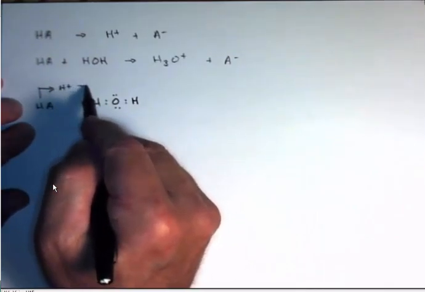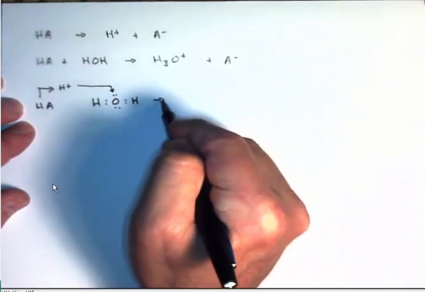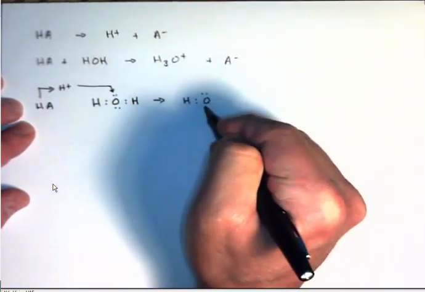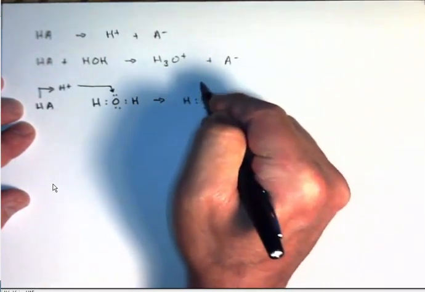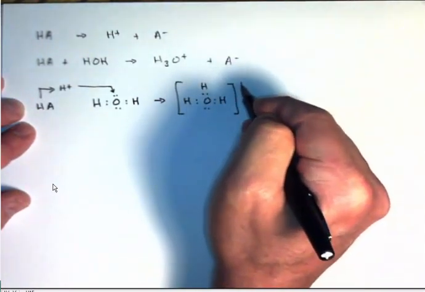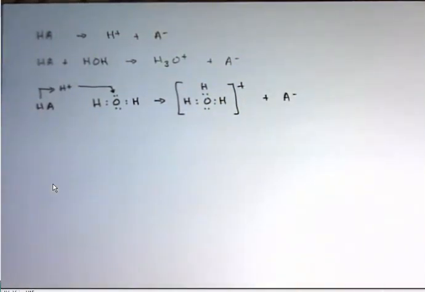This hydrogen actually goes over here and joins up with one of the lone pairs on the oxygen on the water, and what you end up with is this. And then you also have that anion, okay? So that's where that H3O comes from.